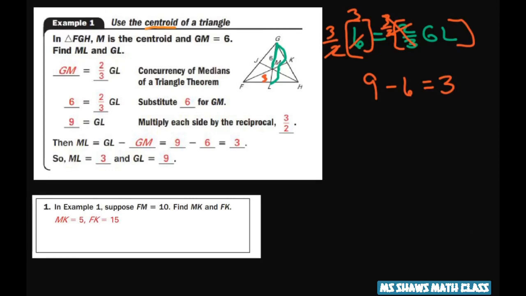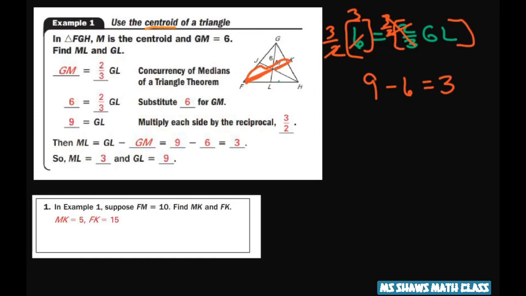All right, let's do this example. Suppose FM is 10. So this is 10, and we've got to find MK and the total length.